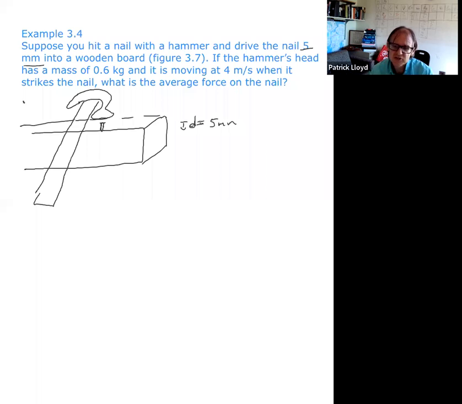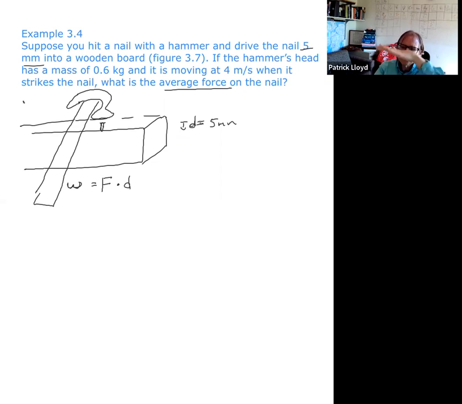So here's the logic we're going to use. They're asking us for the force on the nail. Now, we do have a relationship between force and distance: that is equal to the amount of work, which we looked at in the previous section. When the nail is pushed into the wood, it takes work to make it go down.